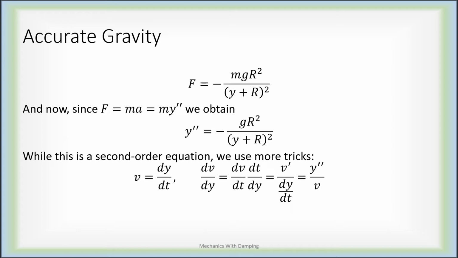This is expressing v as a function of t and time as a function of y rather than the other way around. But dt/dy is just 1 over dy/dt, so we end up with dv/dy is y double prime over v. In other words, y double prime is v times dv/dy. dv/dy is an odd term to show up here, but it's going to be very helpful to us.